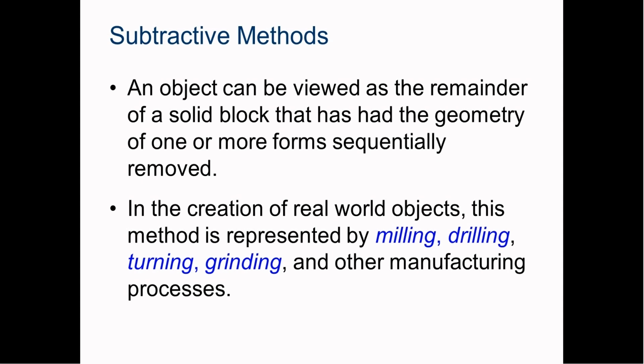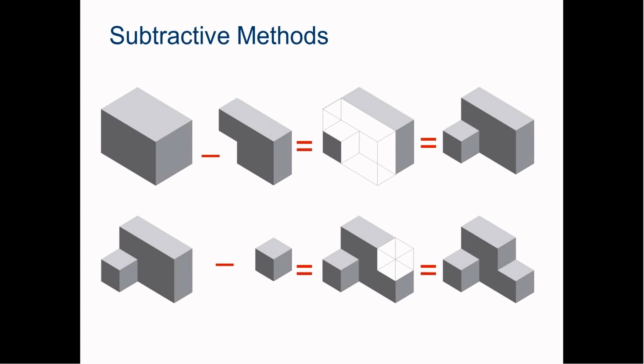So let's look at a subtractive way to make the same part that we just made. So you'll be required to make this part also. What if we started with a big cube and then we took this little part away, this shape? We would have something that looked like this, wouldn't we? Not our complete part though. We still have some material right here that needs to be removed.